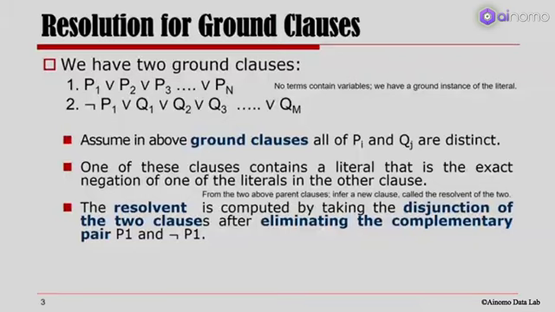The other example here is about chaining, which is if I have P implies Q and I have Q implies R. So these implications are now written in clausal form as disjunctions of not P or Q and not Q or R. And if I take these two clauses as parent clause and resolve them, I have not P or R, which is P implies R, and this is the inference rule of chaining.